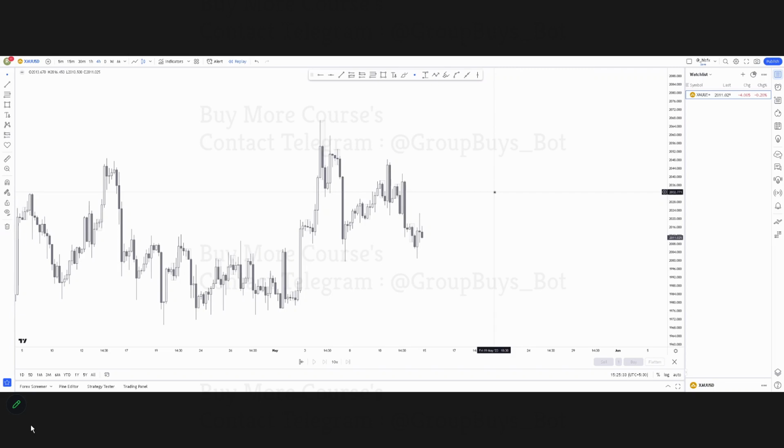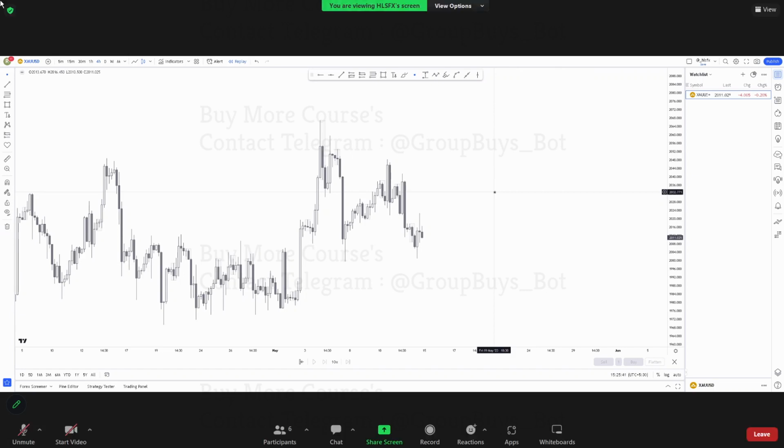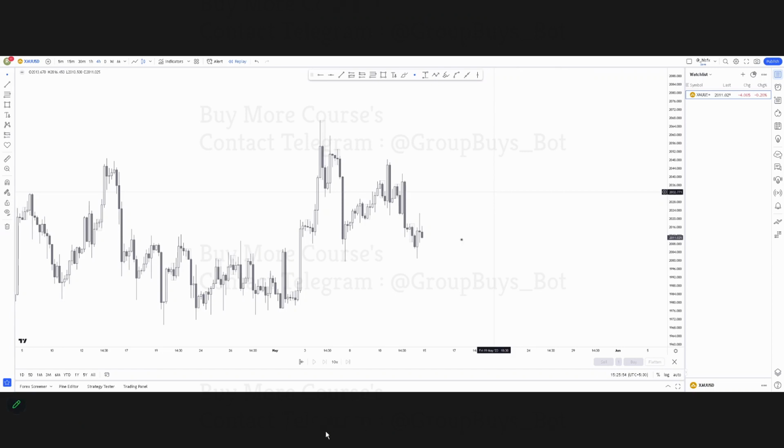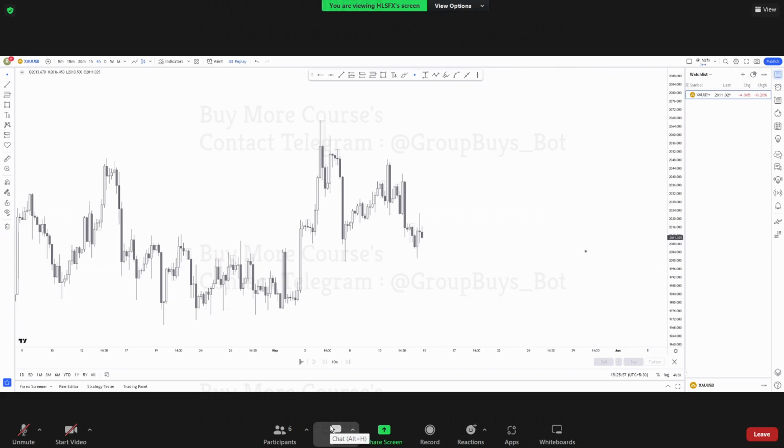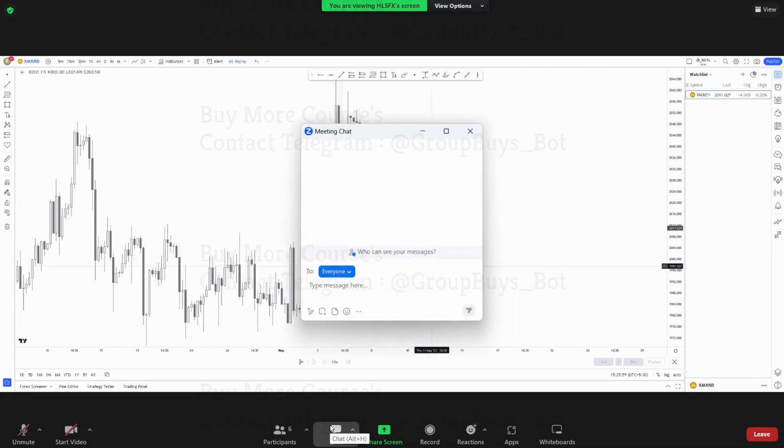So people risk like 50% of their account in one single trade. People used to risk 30%, 25%, 20%. How do they do it? Because they have a trading plan that works all the time.